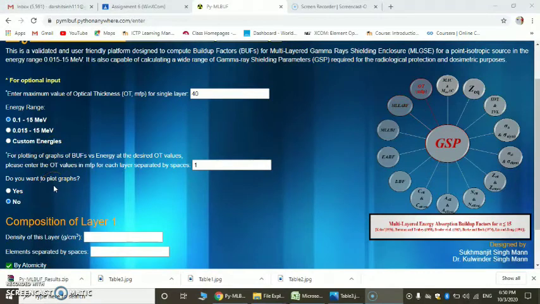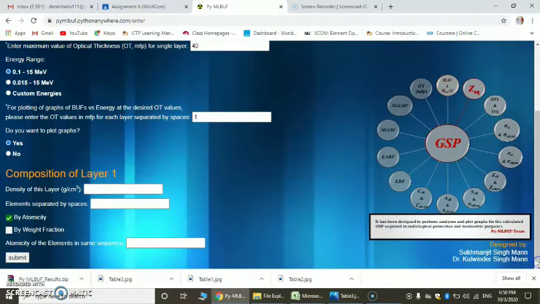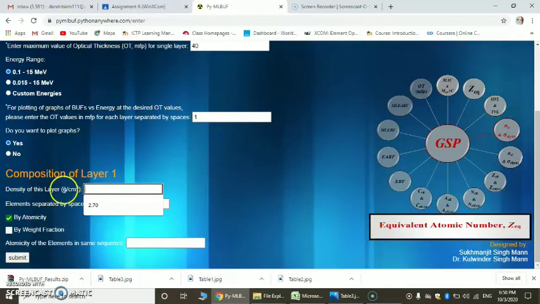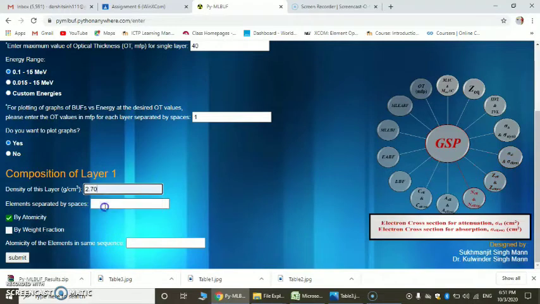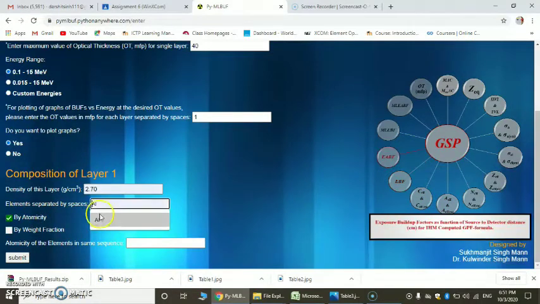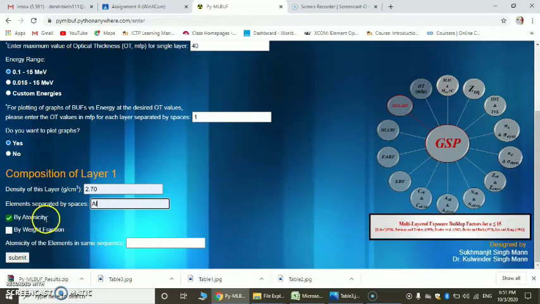Then we have the option, do you want to plot graphs? If you want, then click yes. Then we have to write down the information of layer 1. Let's take aluminum as the layer. The density of aluminum is 2.70 gram per centimeter cube, and the elements separated by spaces means just the symbol of aluminum, whether we want it by atomicity or by weight fraction.